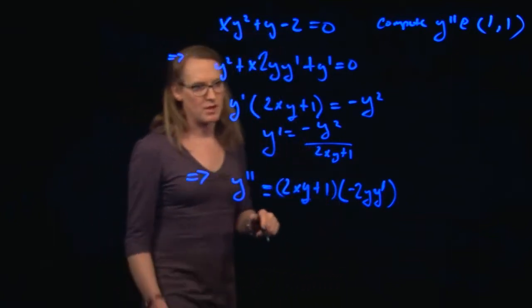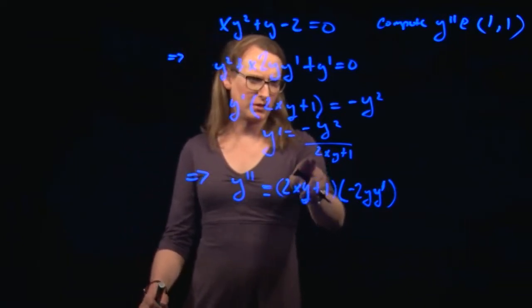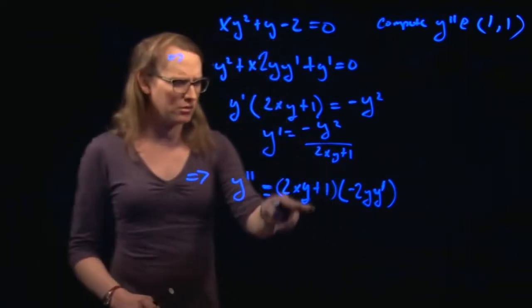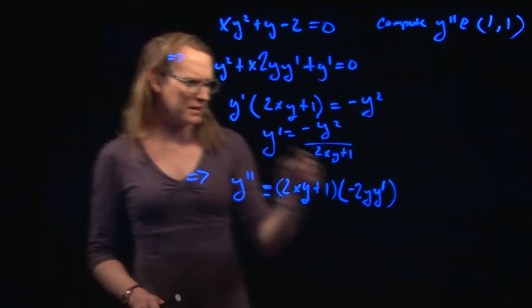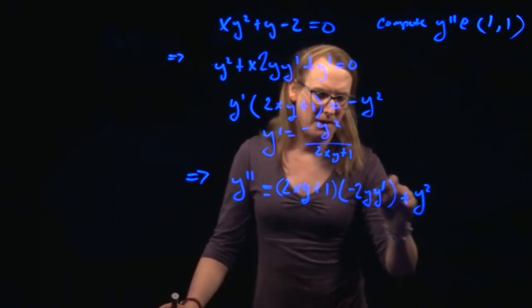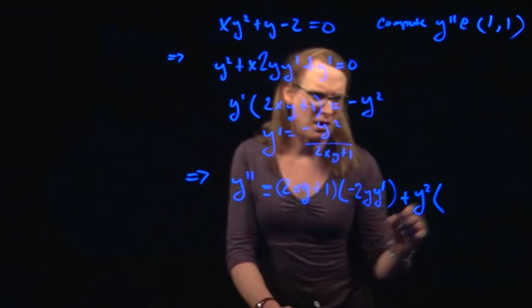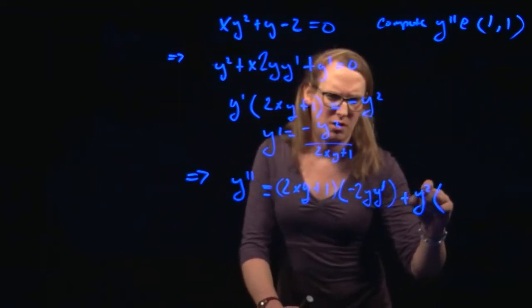There we go. Okay, so that's derivative of the first. So we went low d high. Okay, low d high minus high d low. So now I've got to do a product rule on that 2xy again. So let's see here.